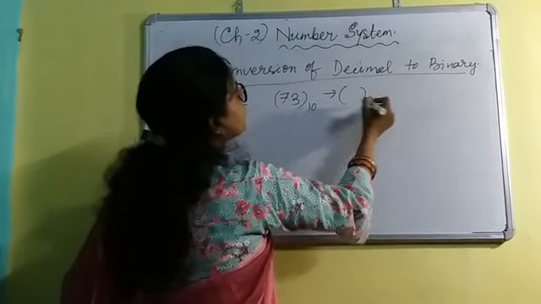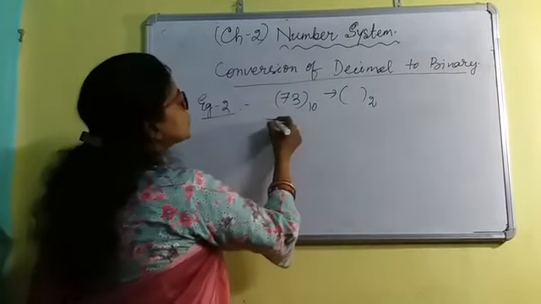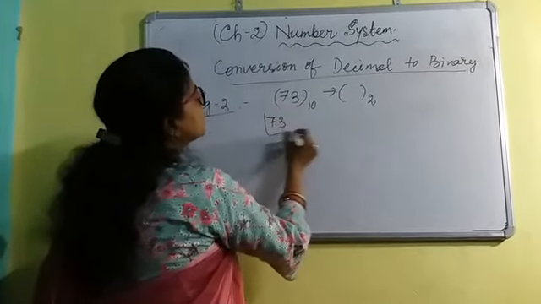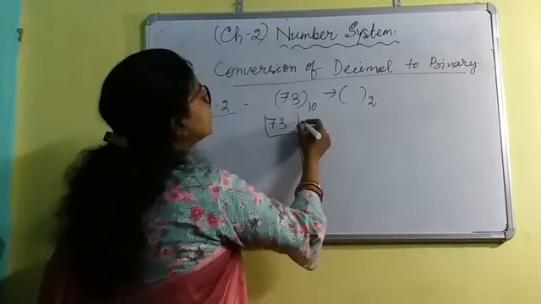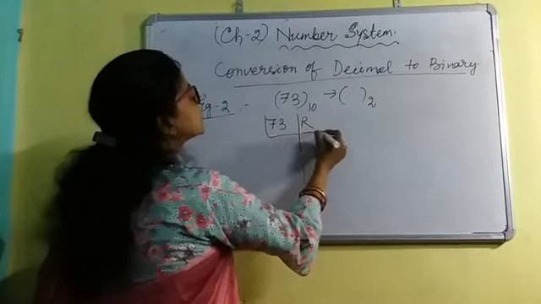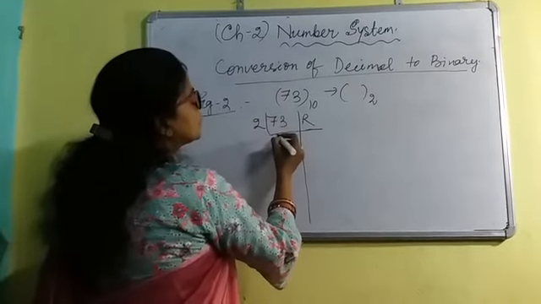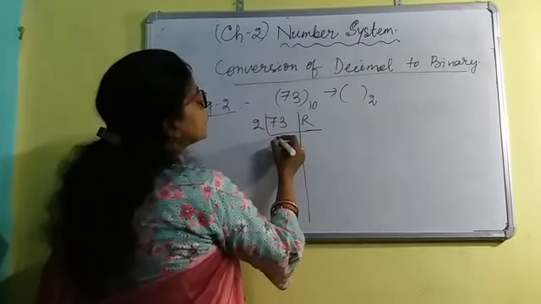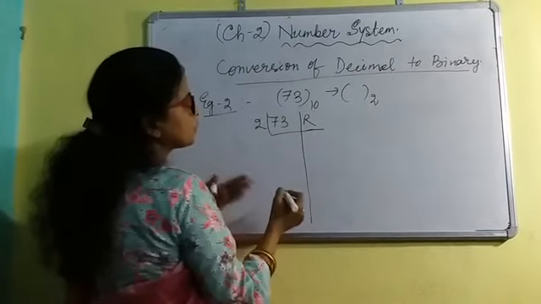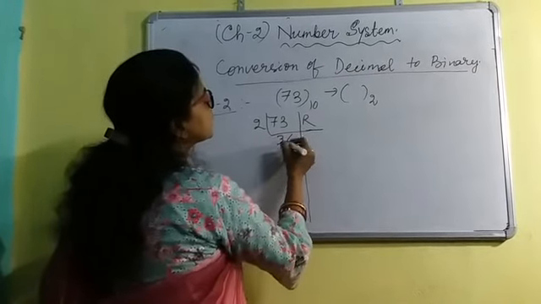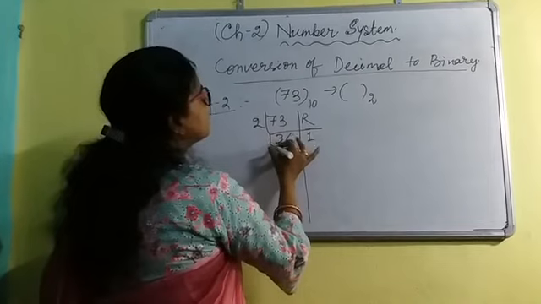I have to convert it into binary form. So what I am going to do? I will divide by 2 and I will store the remainder value simultaneously. So what will be the quotient value? That will be 36. Remainder will be 1.